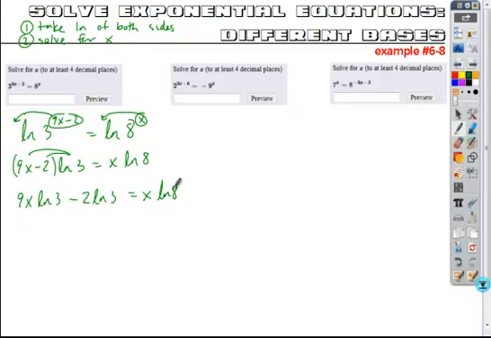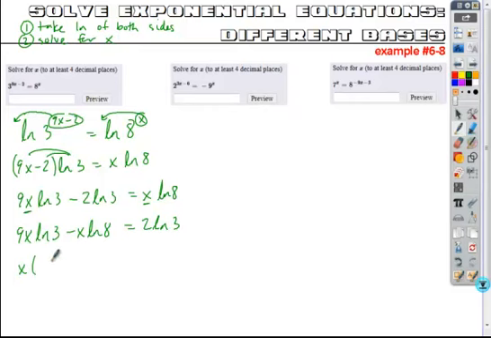And now when we're solving this equation for x, we need to put all of our like terms together. So I need to move the two terms with x on the same side. I'll subtract x ln 8 from both sides, and I'm going to move my constant over to the other side, add 2 ln 3. Because I want to isolate my x eventually, and the way I can do that is to remove it as a common factor.